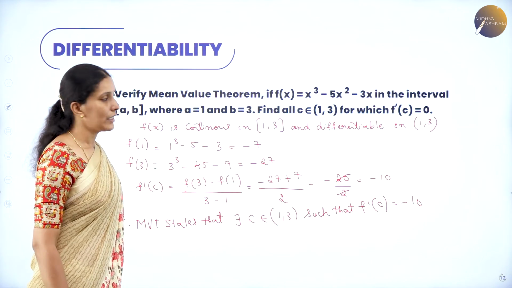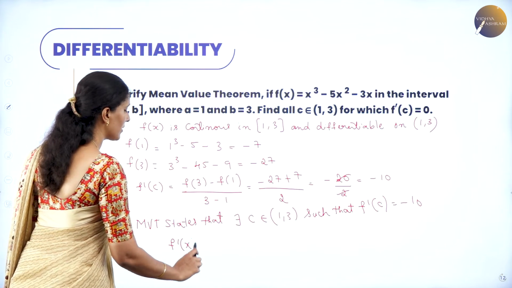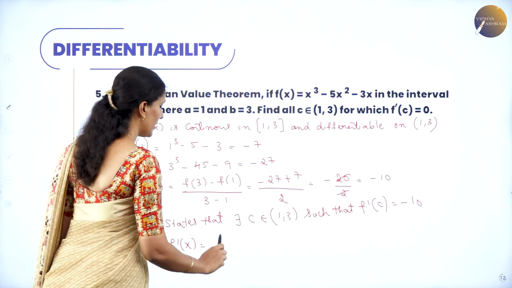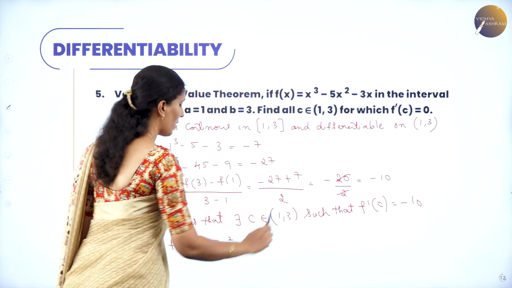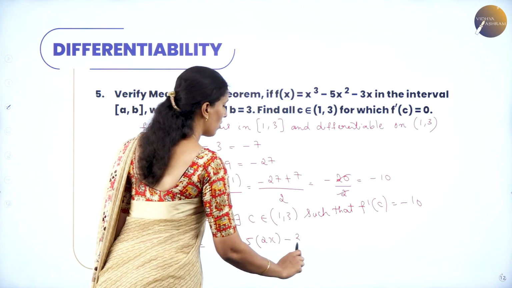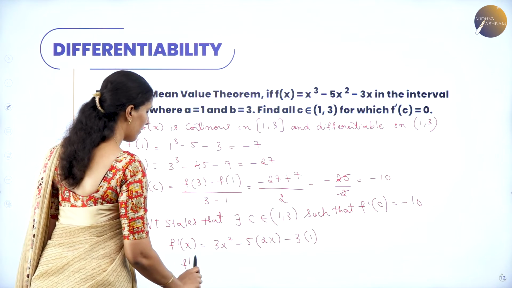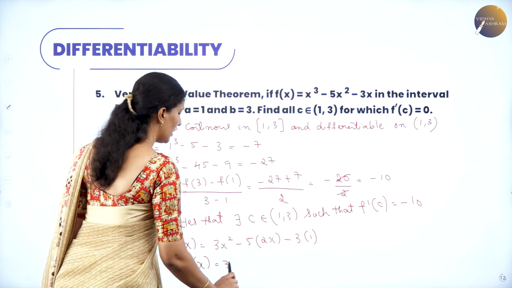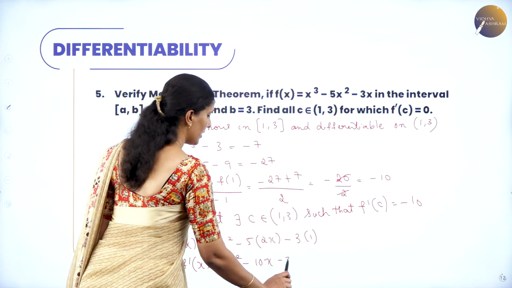Now we have to find the derivative. Let's find out f dash of x. So f dash of x becomes x cube is 3x square, 5 is a constant, x square is 2x, minus 3 is a constant, derivative of x is 1. So here it becomes f dash of x is equal to 3x square minus 5 2s are 10x minus 3.